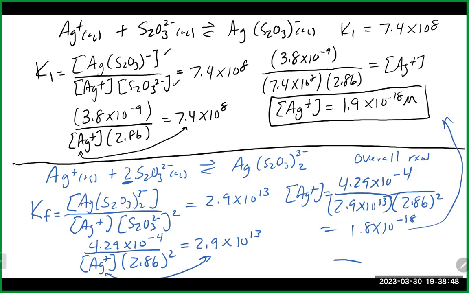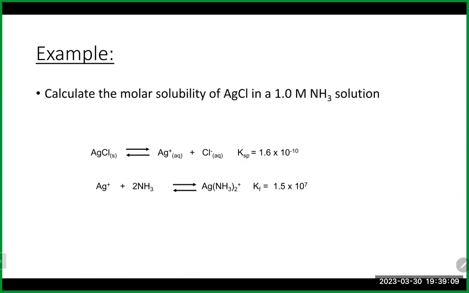All right, so we've now looked at a stepwise formation problem for a complex ion, and we looked at a regular one. We're going to finish up by looking at a combination of both, KSP and KF coming together. Let's take a look at this one together.